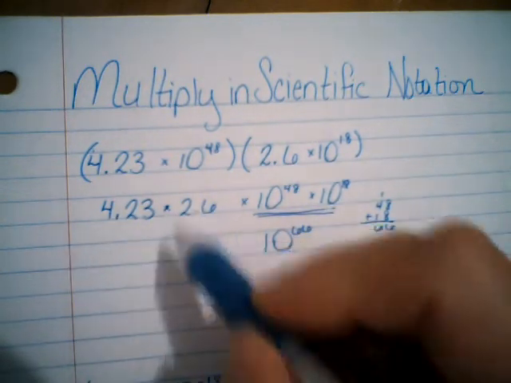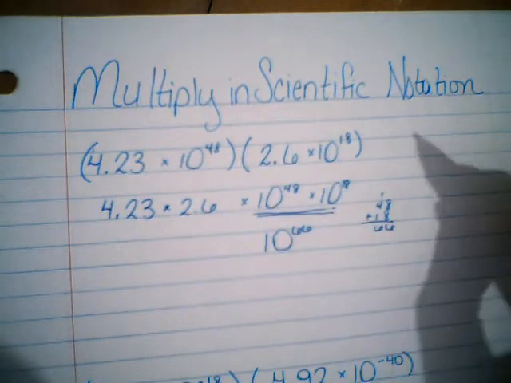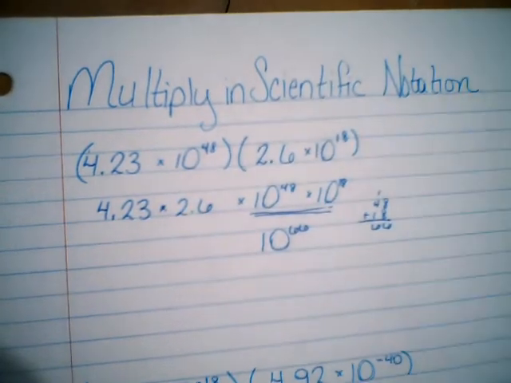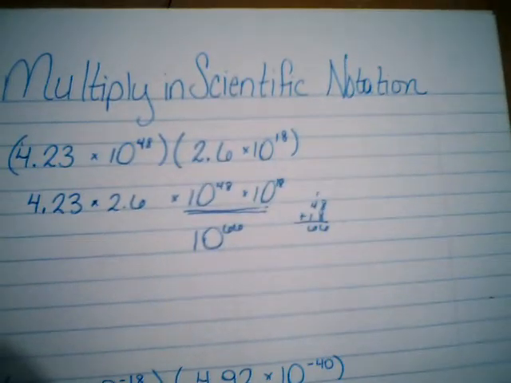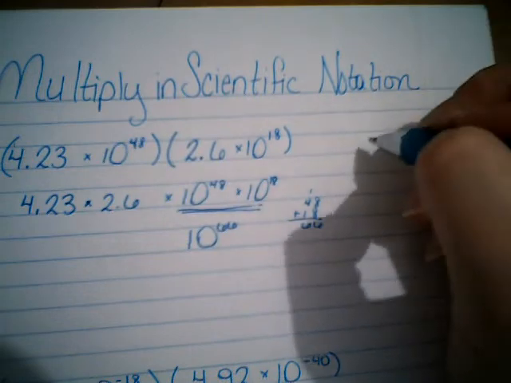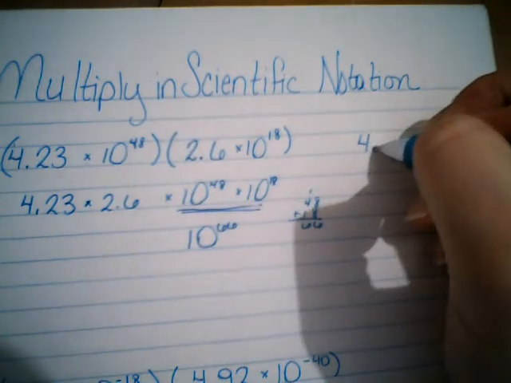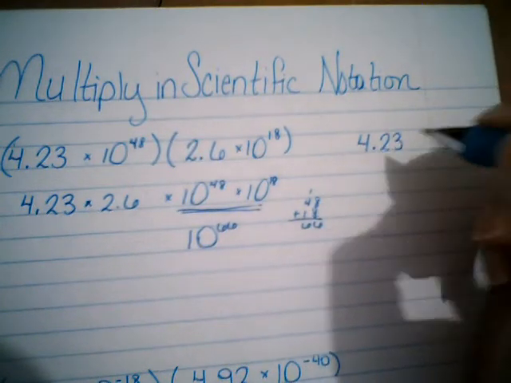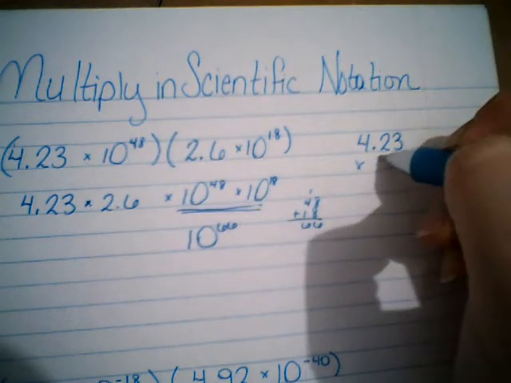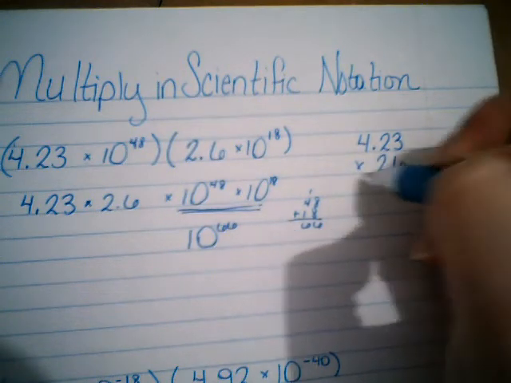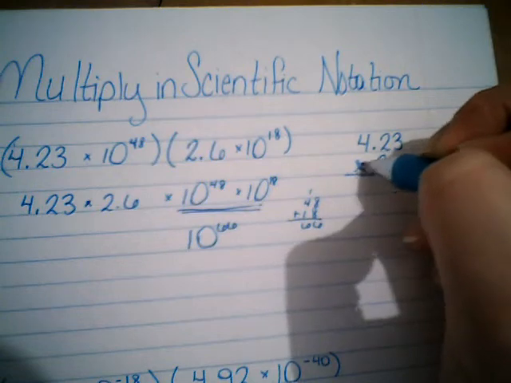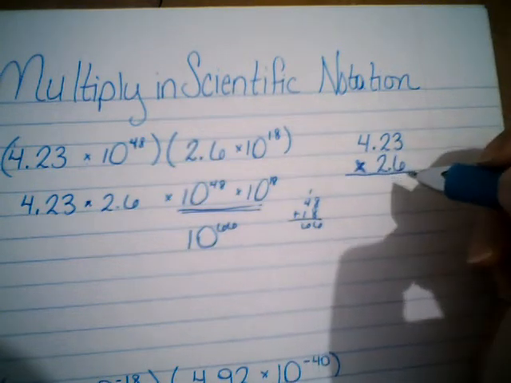And then I can go ahead and multiply my multiplier. So again, I'm going to do that off to the side here because I want to be able to multiply accurately. So I have 4 and 23 hundredths times 2 and 6 tenths. Notice that with my multiplication, I did not line up my decimals.